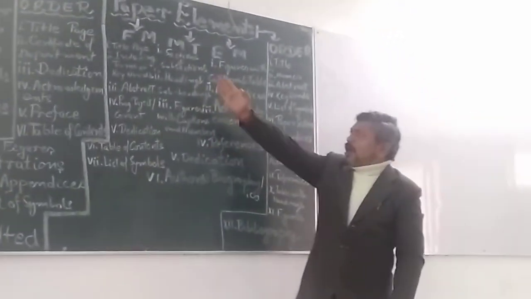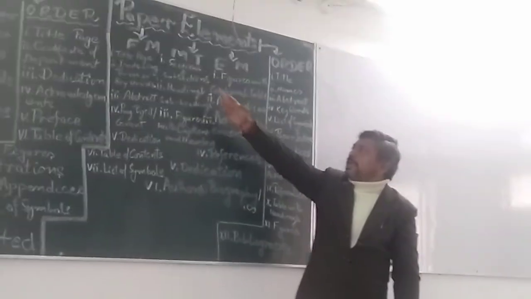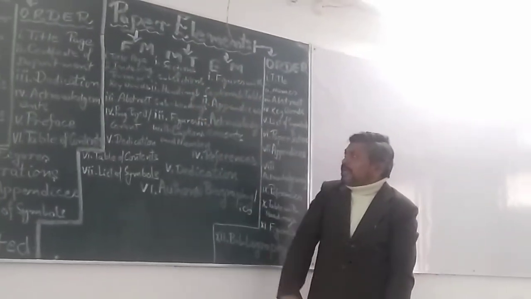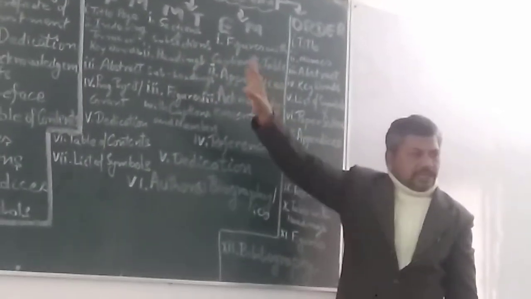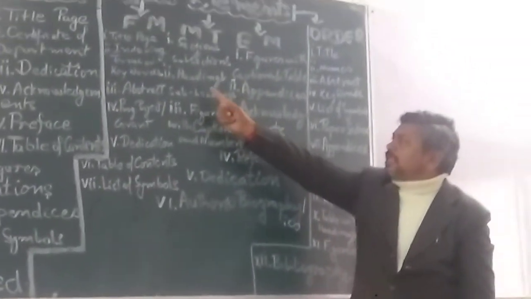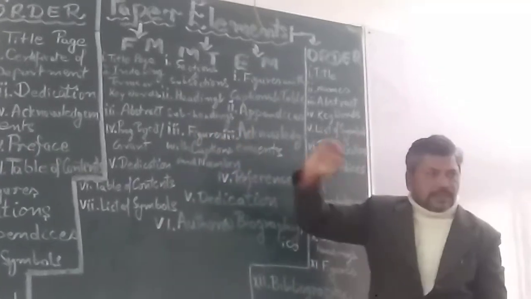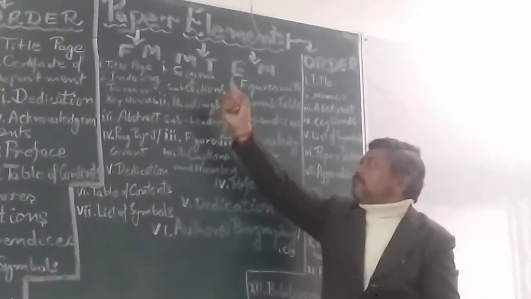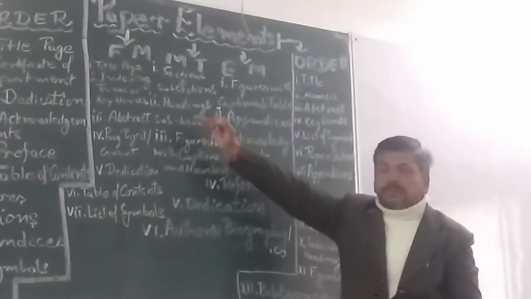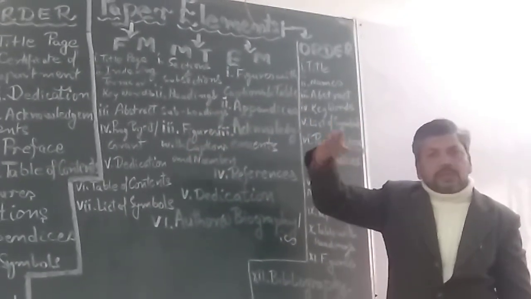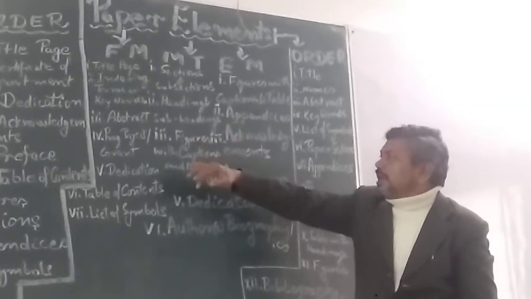Let us look at how one should compile the main text of the research paper. First will be sections and subsections inside the research paper, and there will be headings and subheadings accordingly. A subsection must be in alignment with its section, and similarly a subheading should have something logically to do with the heading.